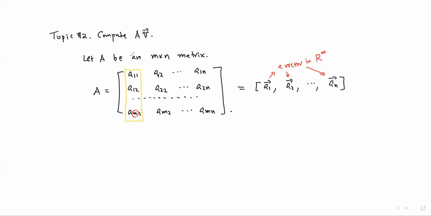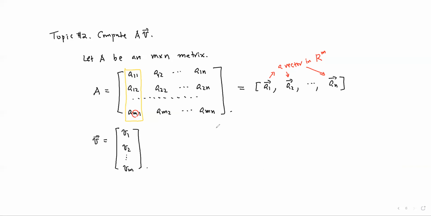This is matrix A. Now, vector V. Vector V should have N entries: V1, V2, up to Vn. They are all numbers, scalars.